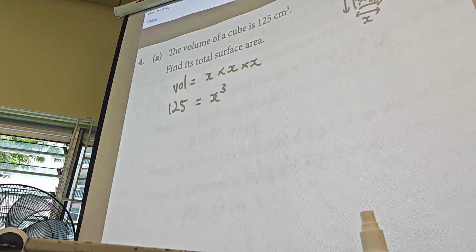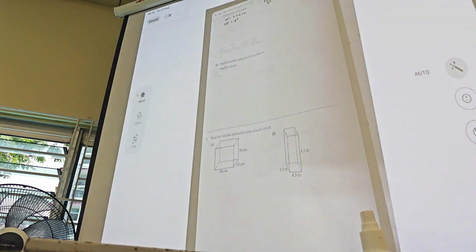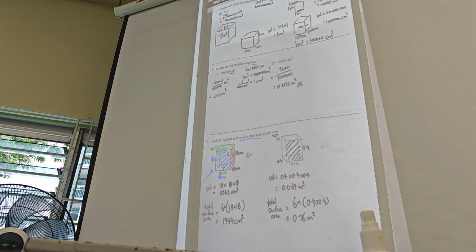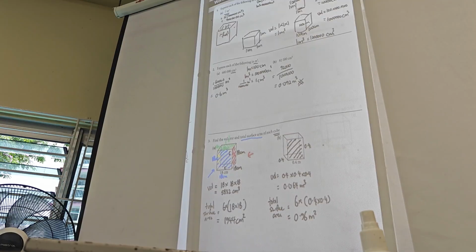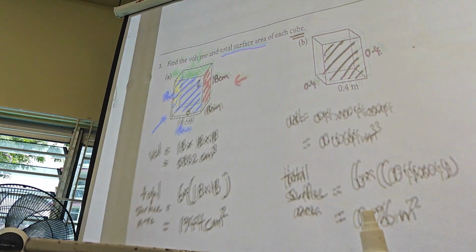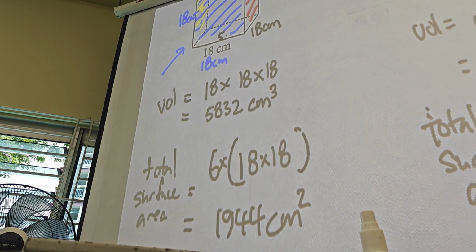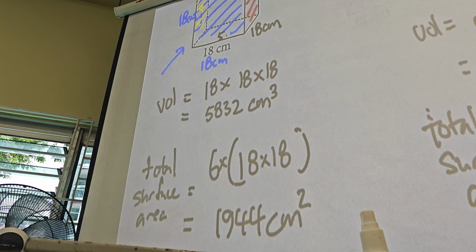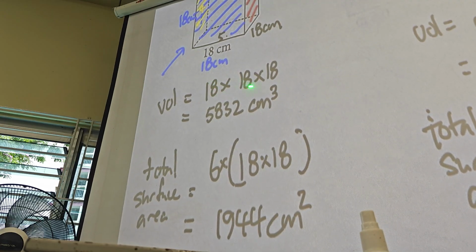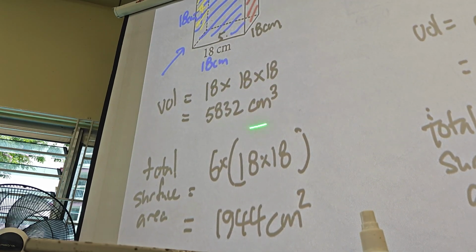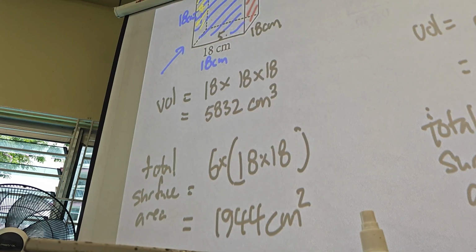Okay, I move back to the last page. Then you see, actually there is no difference. I know that the volume is side times side times side. In that case, I started with knowing the side, then I multiplied together, then I knew the volume.